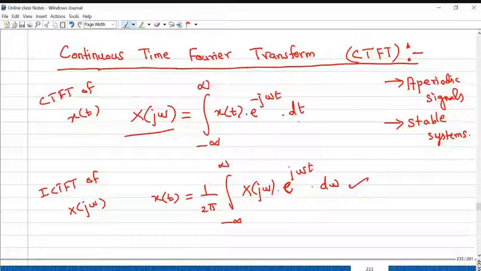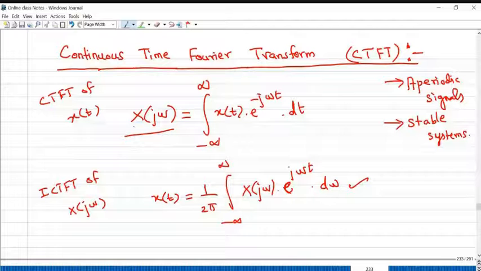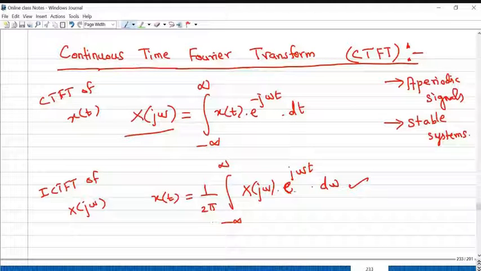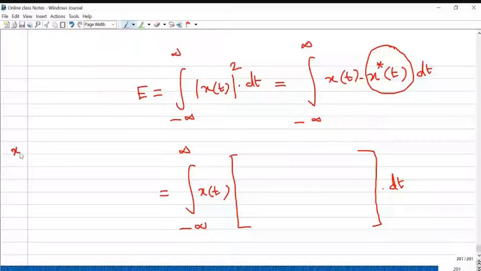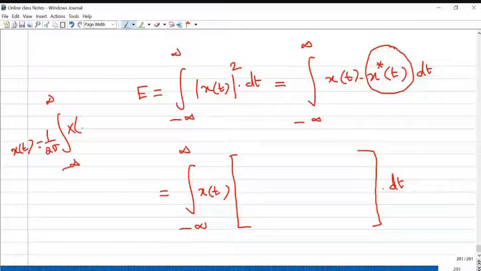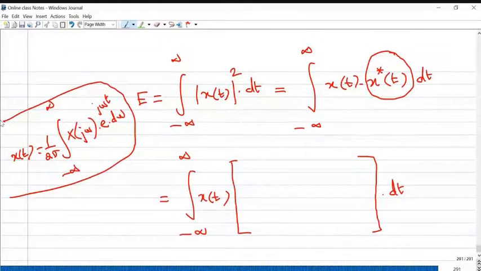The inverse Fourier transform of X of j omega gives x of t equal to 1 by 2 pi integration from minus infinity to infinity of X of j omega e power plus j omega t d omega. So this is the inverse Fourier transform, that is x of t.